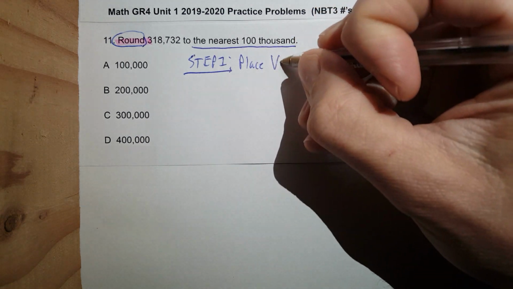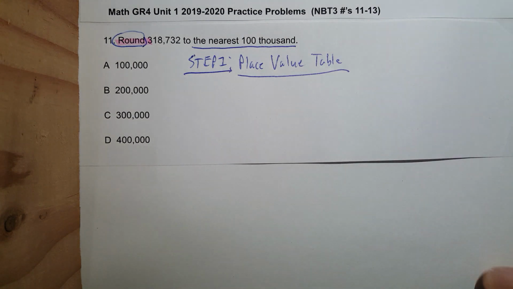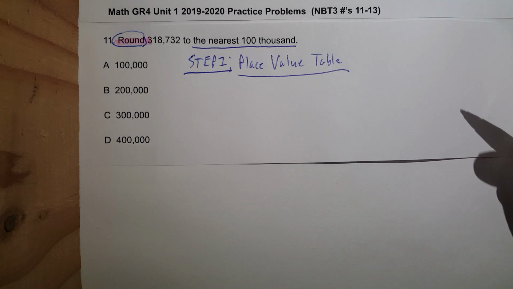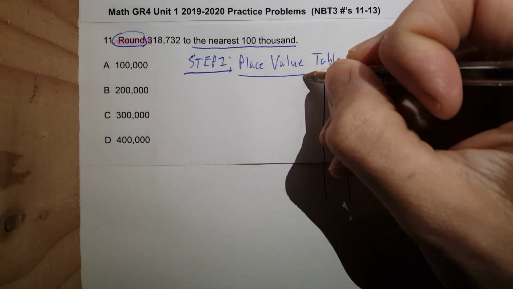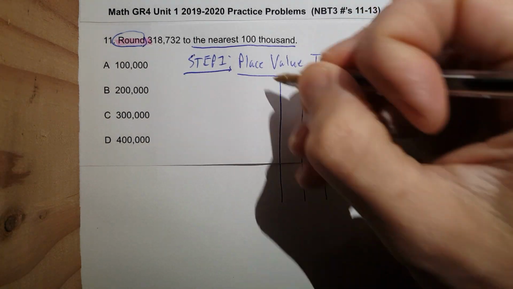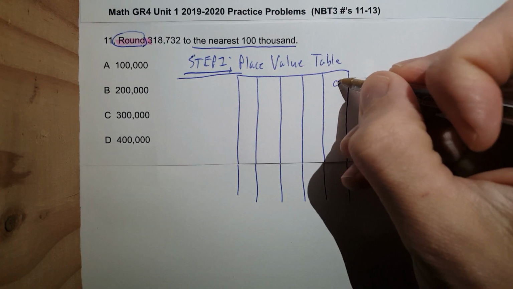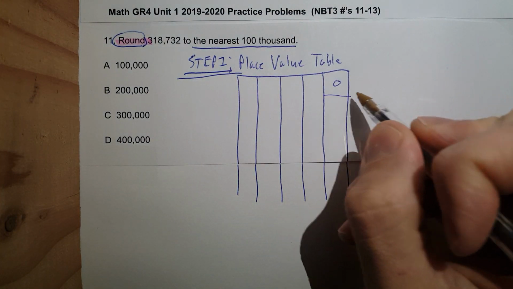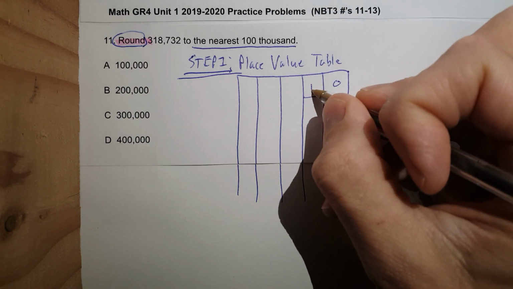Place value table. I like how a lot of you on the previous problems said in your comments in the Google Classroom, Mr. D, you need to memorize your place value table, which is correct. So here we go. Ones, I'm not going to write them all out. So O stands for ones.